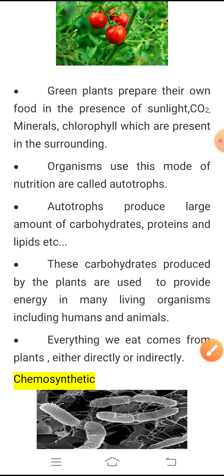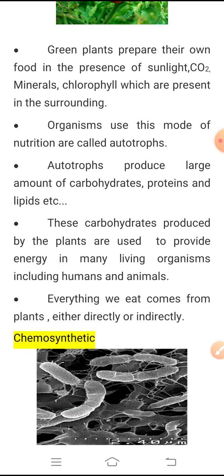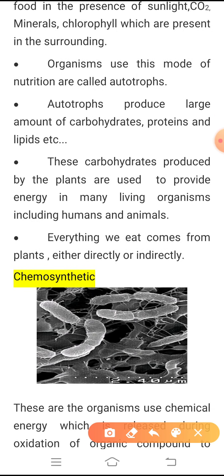So these carbohydrates, proteins and lipids which are being produced by the autotrophs are used to provide energy to many living organisms including we, the humans, and also the animals.